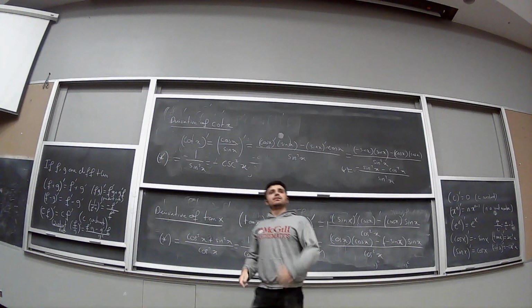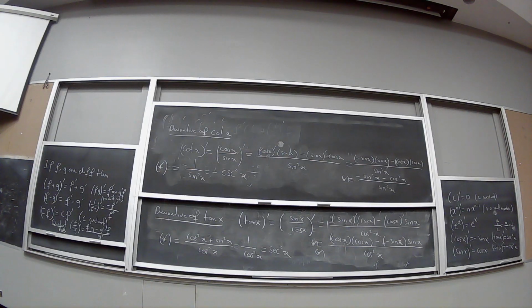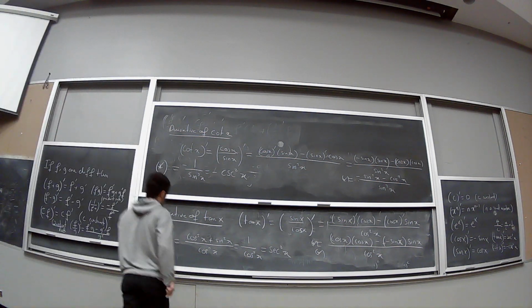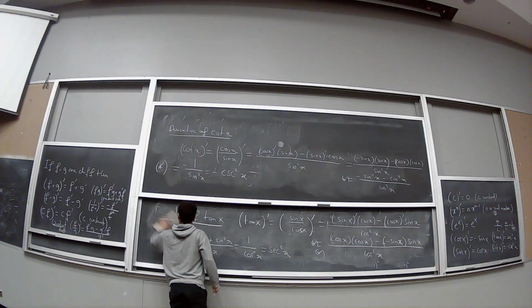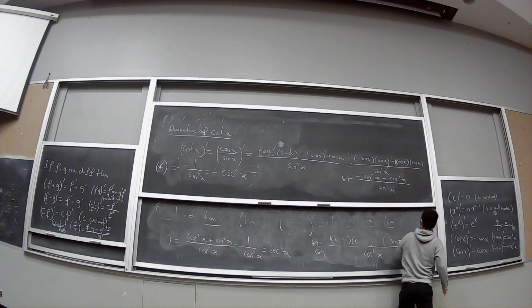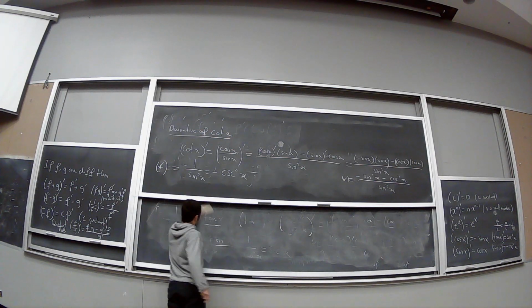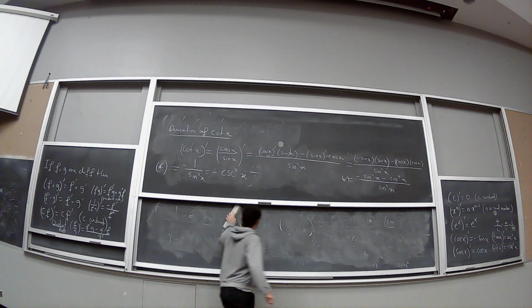Let's look at the derivative of secant x. Okay? How do I find the derivative of secant x? How do I write secant? It's 1 over cosine. And what rule do I use? I use this reciprocal rule, right? I mean, with this one here, my memory starts to make mistakes.